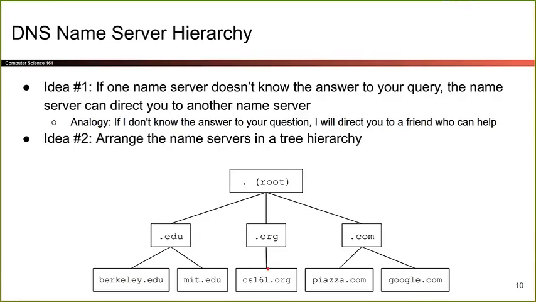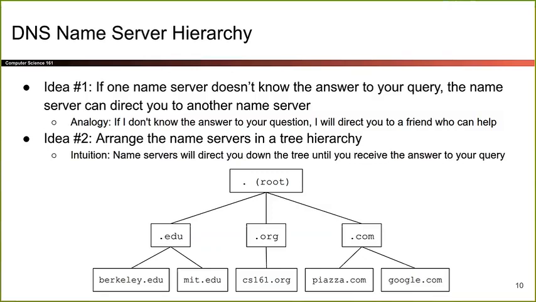The reason a tree is great is that you can always work your way down the tree and you're always going to hit the bottom eventually, so you'll always receive the answer. Maybe you ask this top name server and they say, I don't know, but I'll take you here because this person might know. You ask this person and they say, I don't know, but I'll get you closer, this person might know. So you ask this person and they give you the answer.